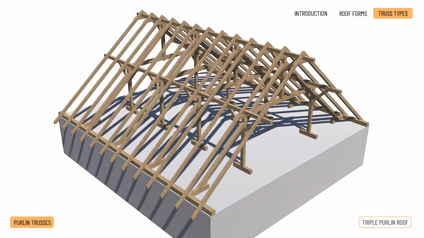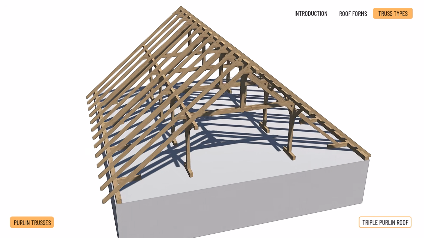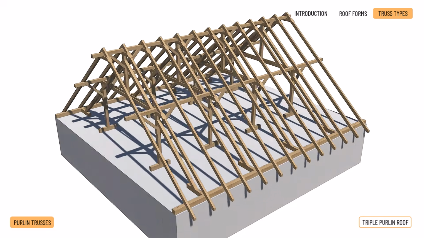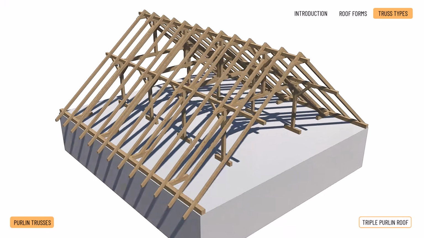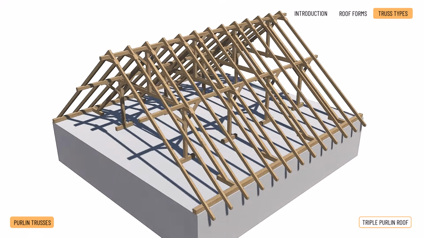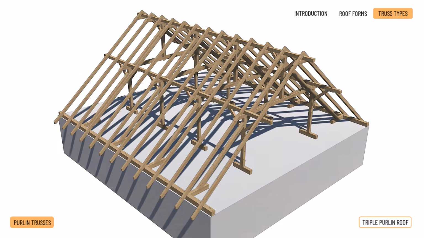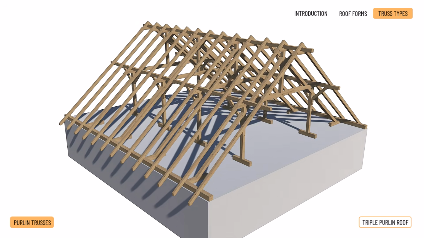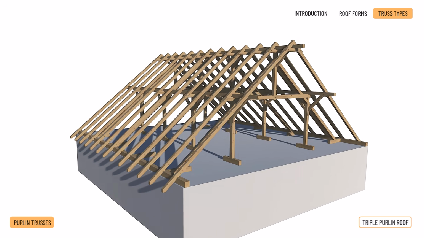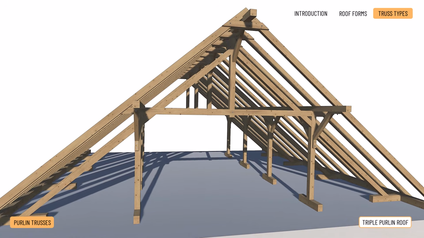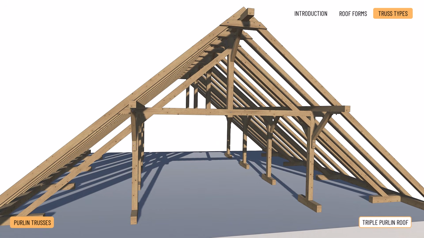The triple purlin roof is an improved version of the double purlin roof. Here, the ridge beam is also supported by a post. It is laterally braced by inclined struts that follow the alignment of the lower struts and is fastened to the rafter ties with stud bolts. Knee braces connect the ridge beam and the third central post. This version is suitable for spans ranging from 11 to 13 metres.